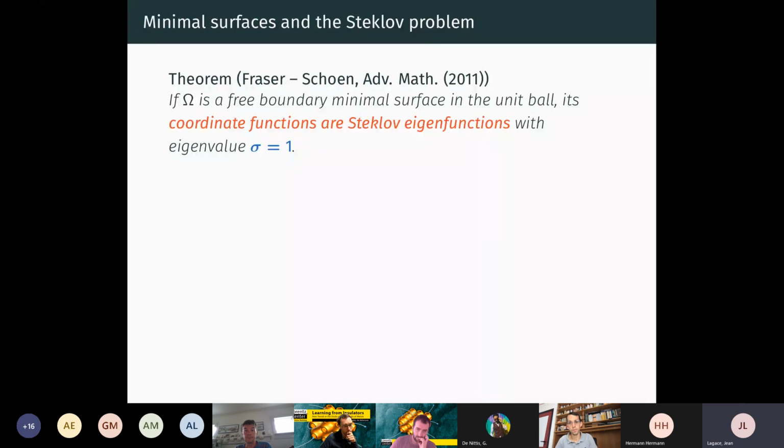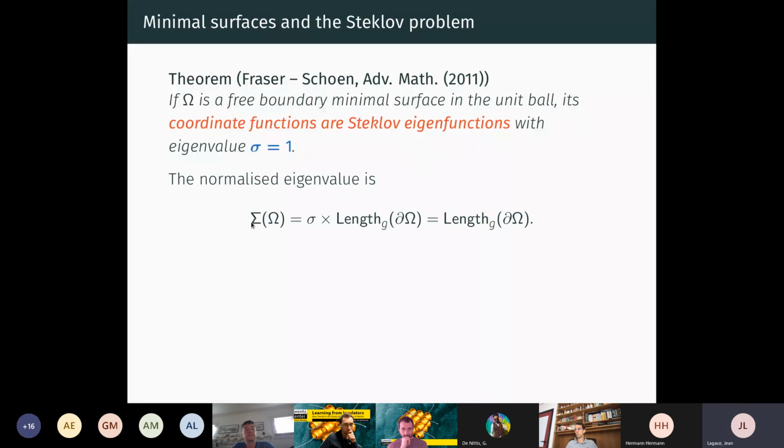It was a good insight to see, but once you think about it, it's actually not that surprising, because we already said that minimal surfaces have harmonic coordinate functions, and this is a condition for being a Steklov eigenfunction. And on the unit ball, because the normal derivative is just the derivative in the radial direction, meeting the boundary at a right angle means that the normal derivative is equal to the function itself on the boundary.